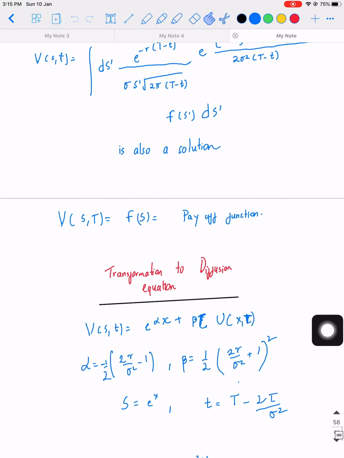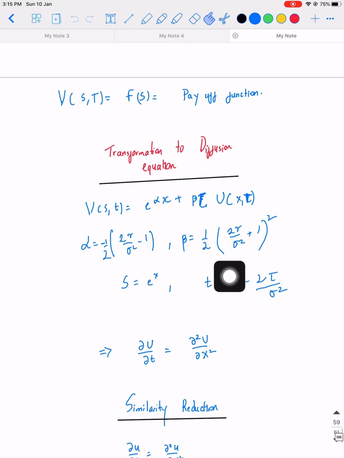Okay, now what we can do is, given the Black-Scholes equation and a particular option value, I define a new function u, which is a function of x and tau. Let me define s to be e raised to x, that is how I'm defining x. And t, let me define to be equal to big T minus 2 tau divided by sigma squared.